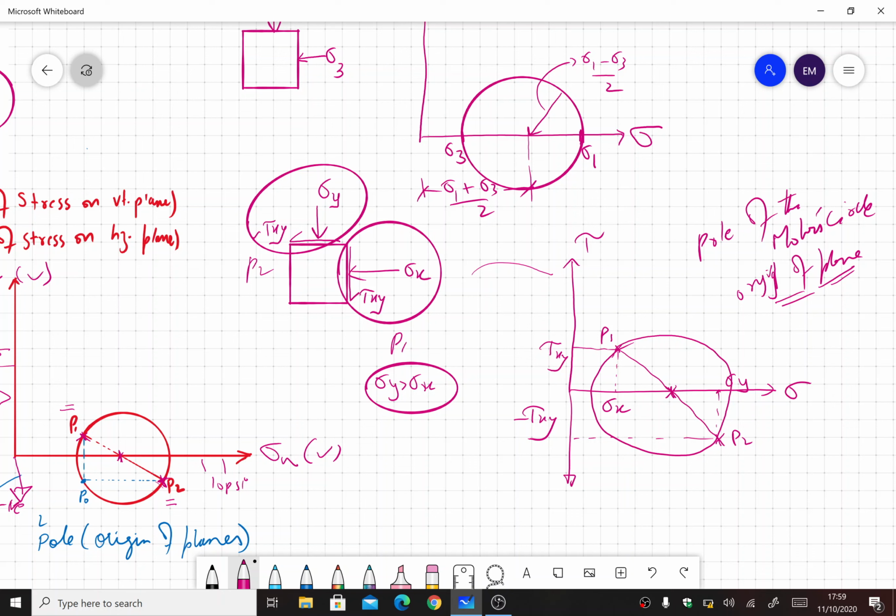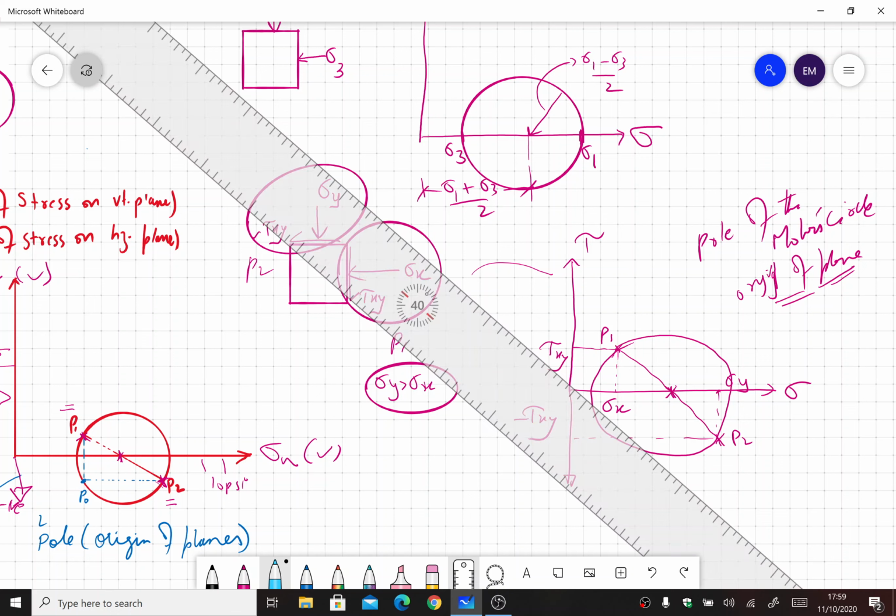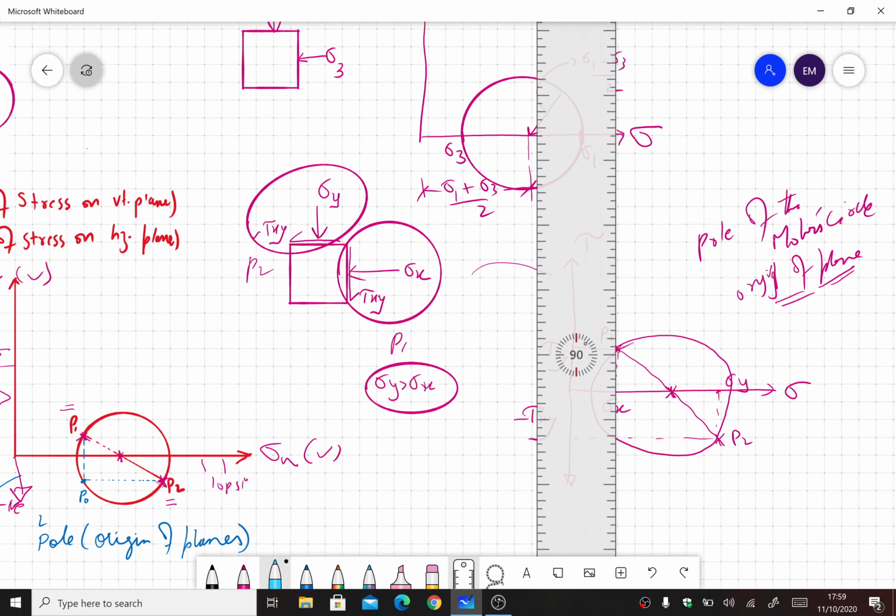If we look at the example here, this is point P1. Now P1 is acting on a vertical plane, so I will draw a straight vertical line passing through P1.